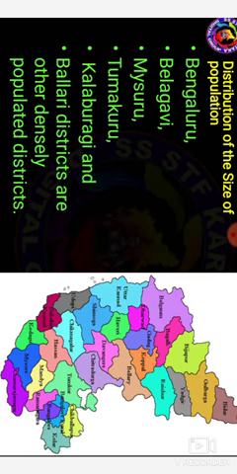Other districts, Belagavi, Mysore, Tumkur, Kalburgi and Ballari, are also densely populated in our present state.